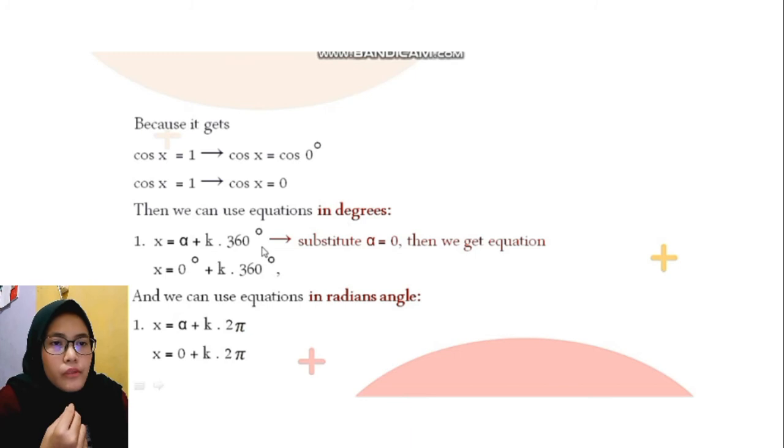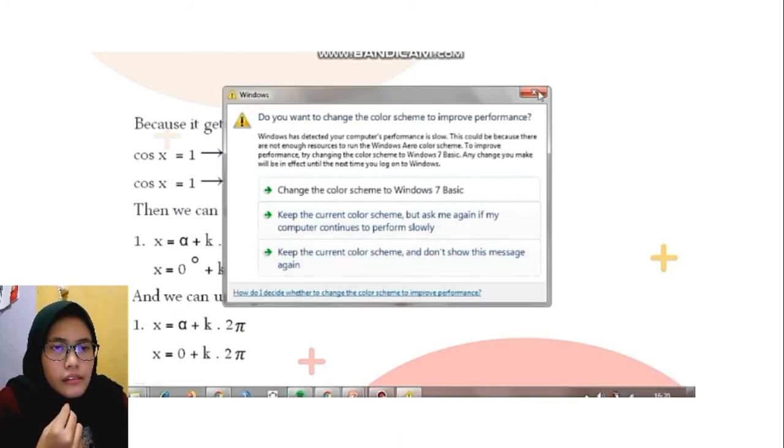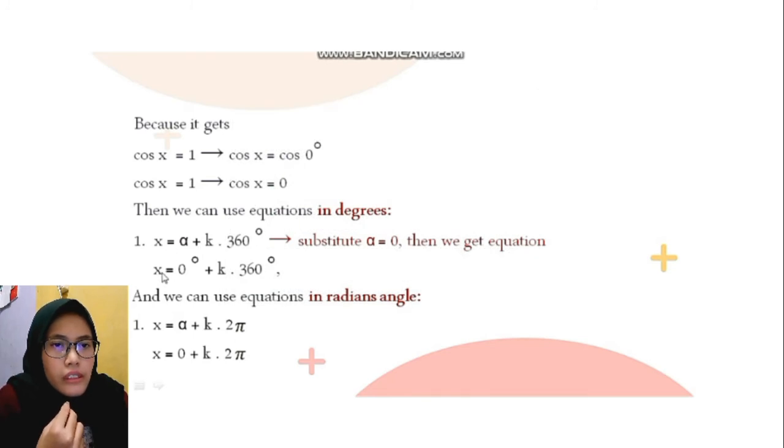Substituting a equals 180, we get x equals 180 degrees plus k multiplied by 360 degrees, and we can use the equation in radians as well: x equals a plus k multiplied by 2π, then we get x equals π plus k multiplied by 2π.